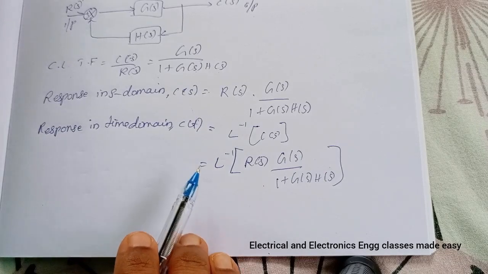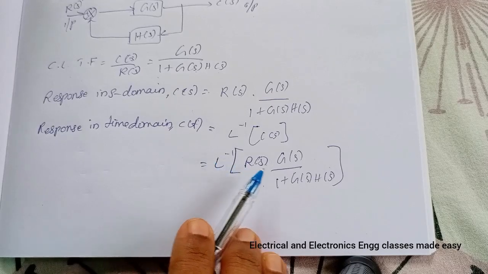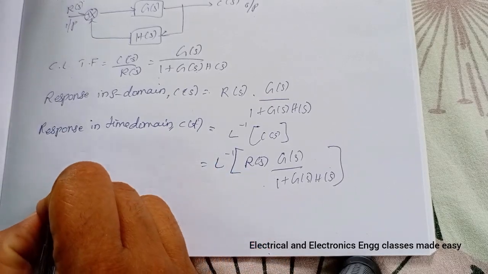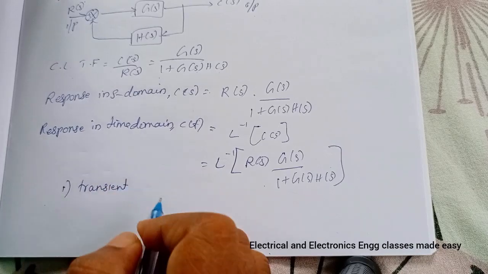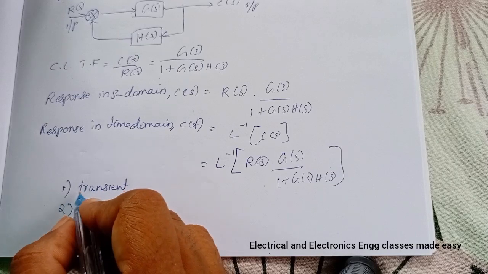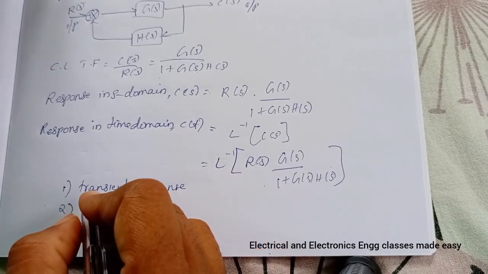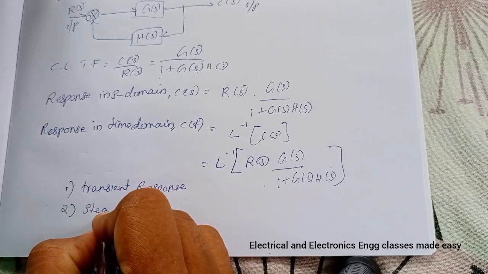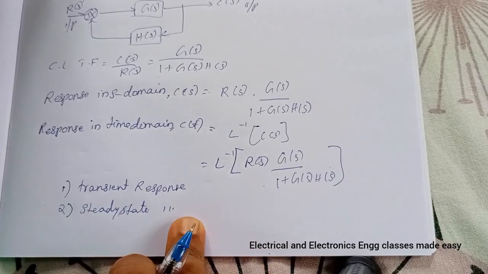The time response of a control system consists of two parts: the transient response and the steady state response.